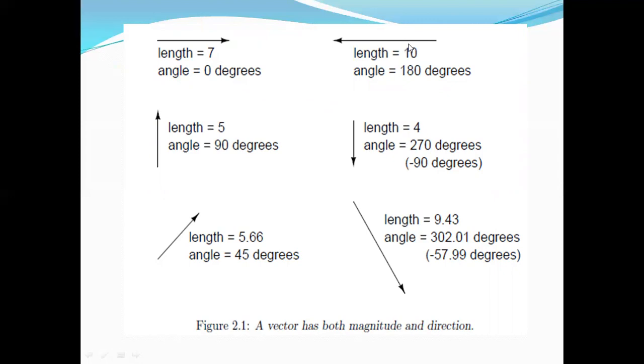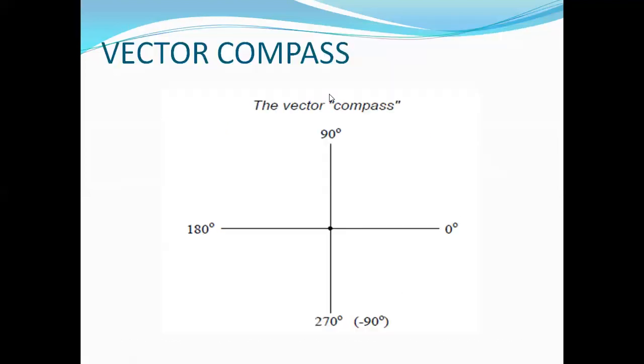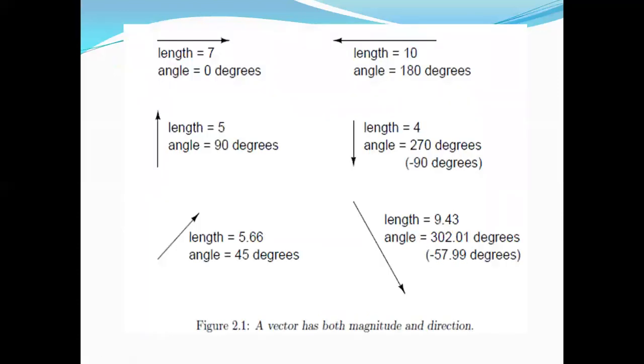Here another vector is shown whose length is 10, the magnitude is 10, but the angle is 180 degree. So on the vector compass, we can locate it on the 180 degree axis, in the direction opposite to that of 0 degree. That is the difference: the angle means the direction.